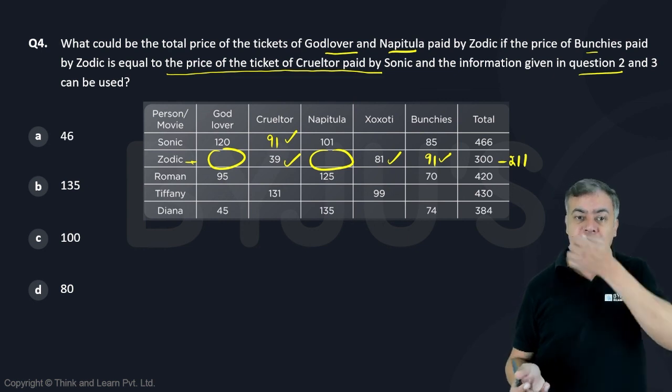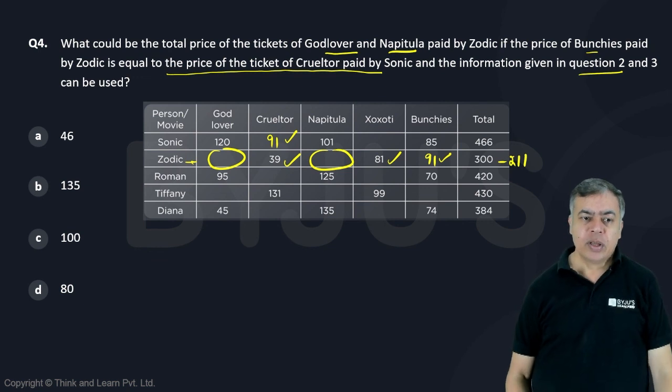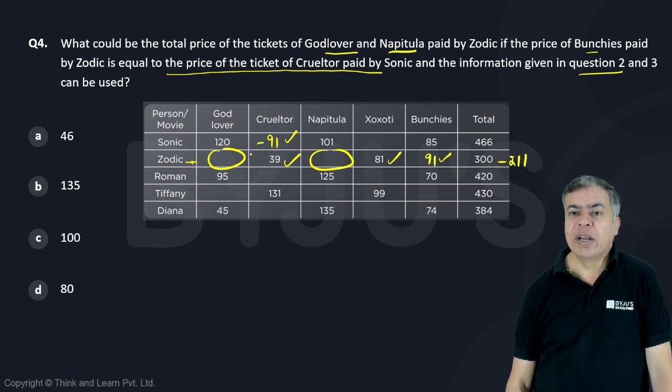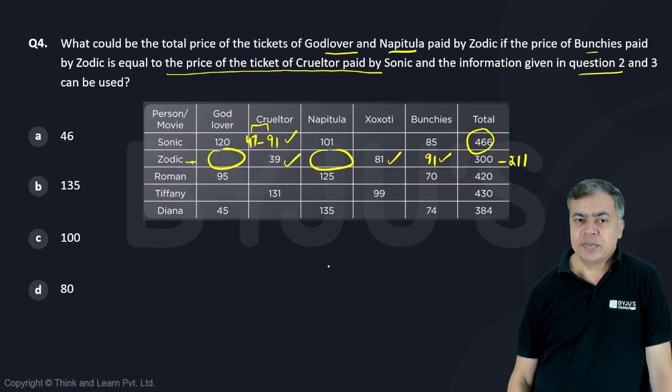Now the minimum value also, let's say I will write. So minimum was 47 because it was 10% of this. So if I take 47 to 91, this range becomes 47 to 91.